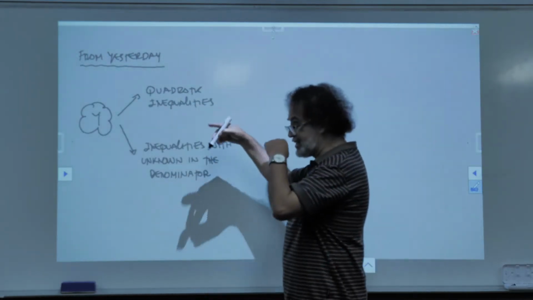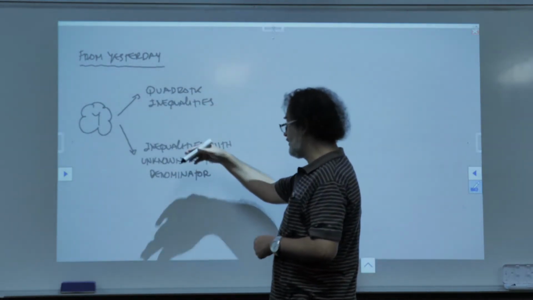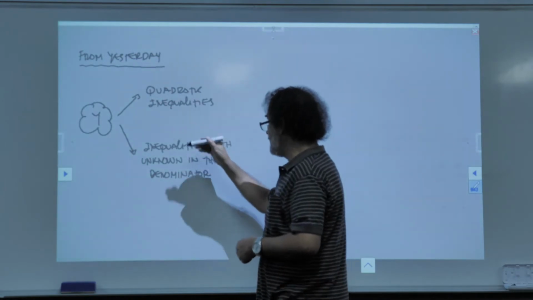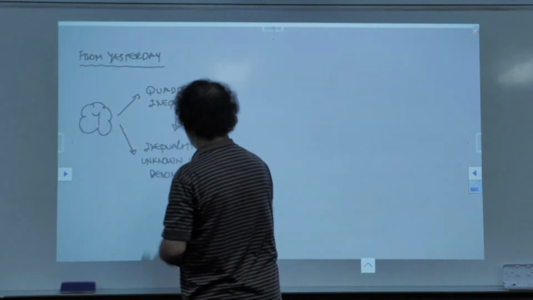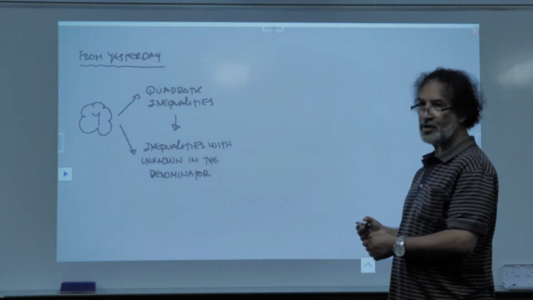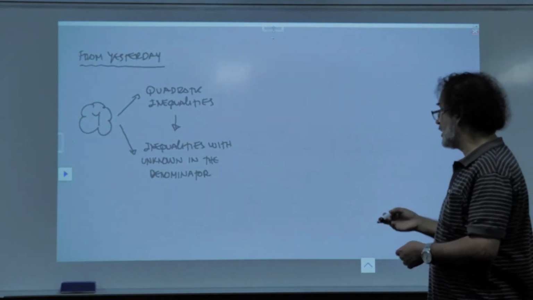And we saw that there is a relationship between these two. If you want to find the answer for this, you're going to be solving quadratic inequalities.